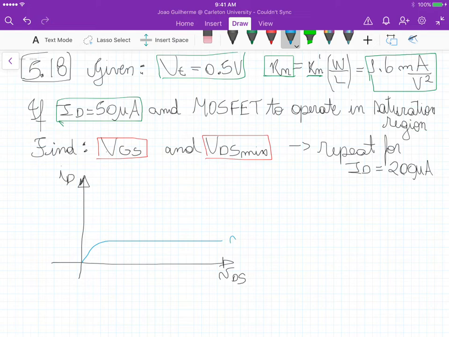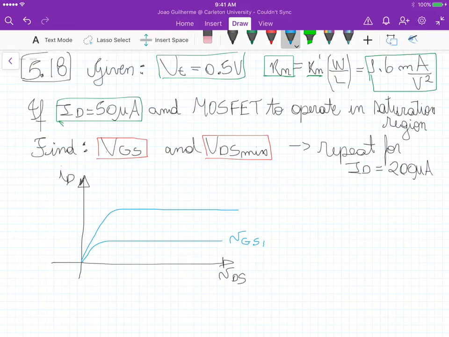So this is for VGS1. And if we change VGS, we get another curve here if we increase VGS. Let me draw it differently, this way, so it's easier for you to see the curve.